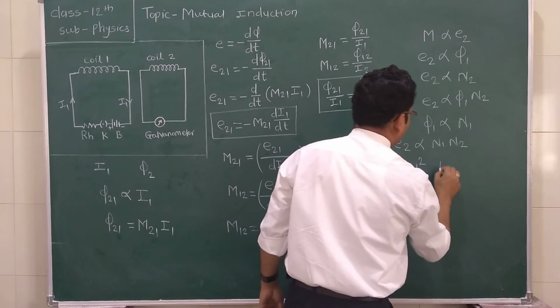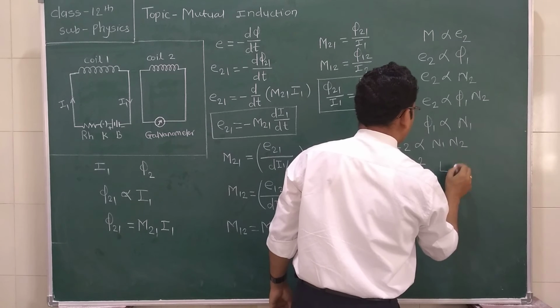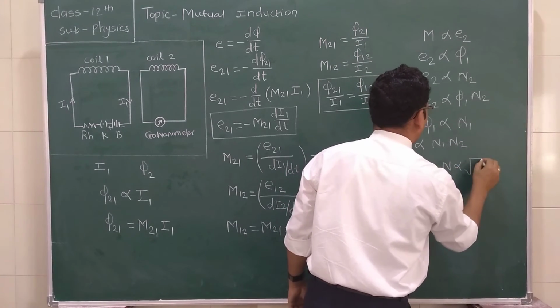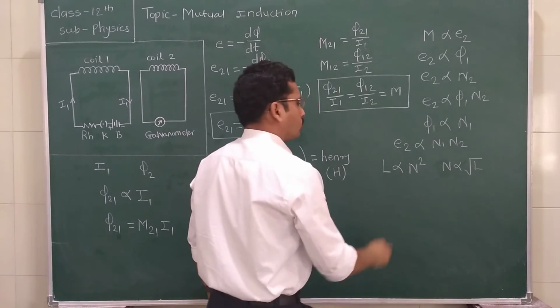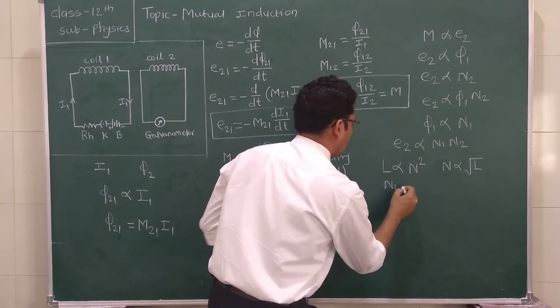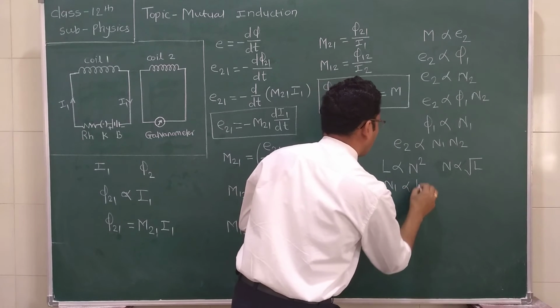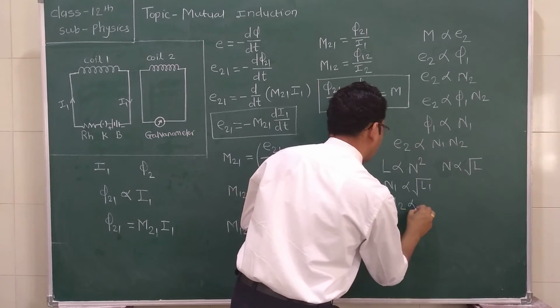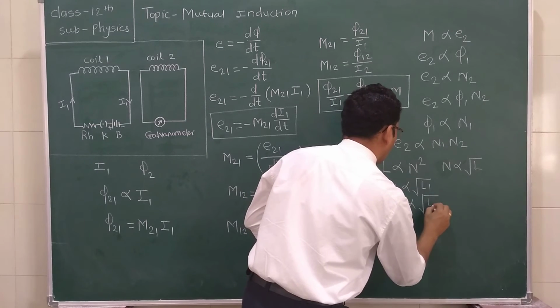Therefore N is proportional to under root of L. So N1 is proportional to under root L1, and similarly N2 is proportional to under root of L2.